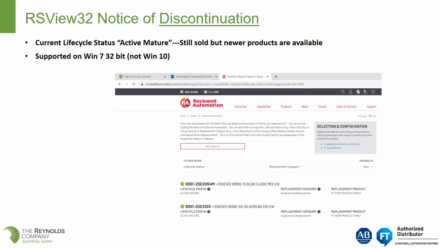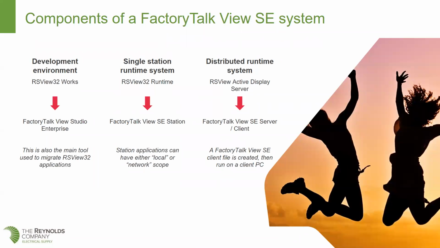It is not supported on Windows 10 operating systems. So you can still buy it. It is still supported. Now is the time to plan migration from RSView32. This is a great time to begin your planning.